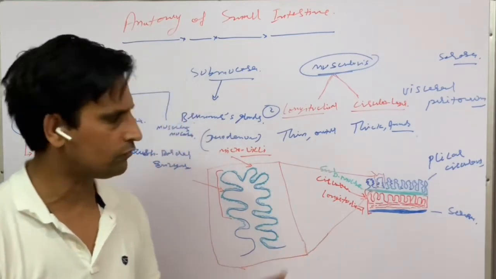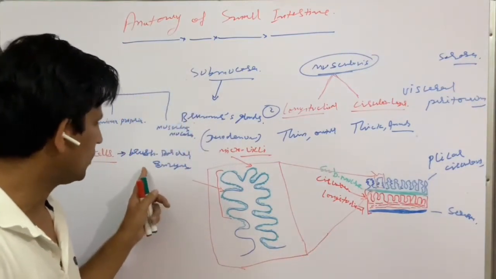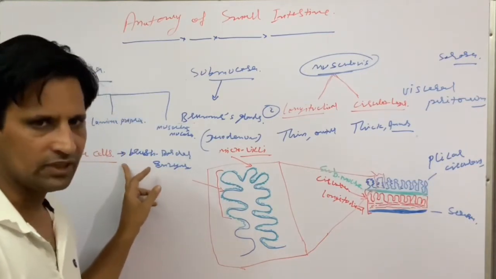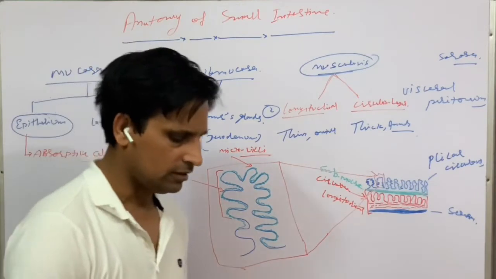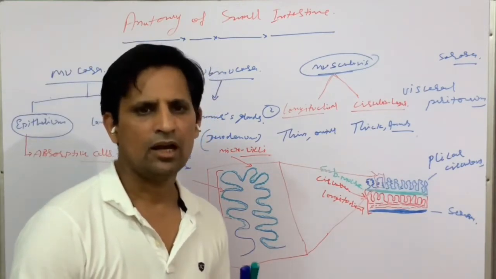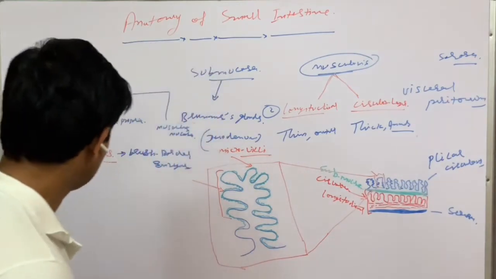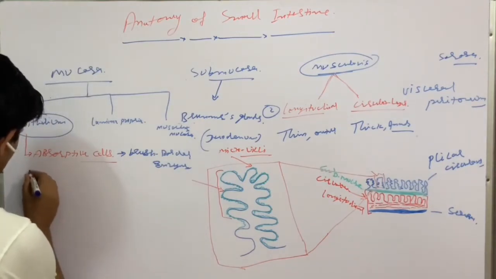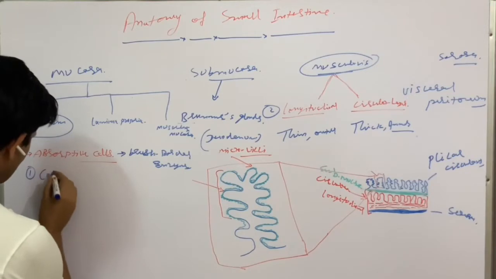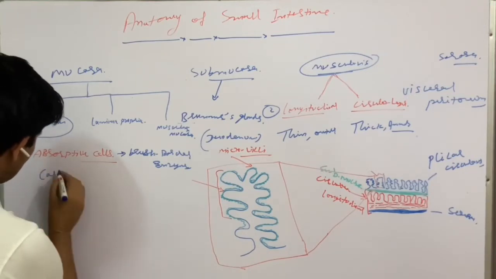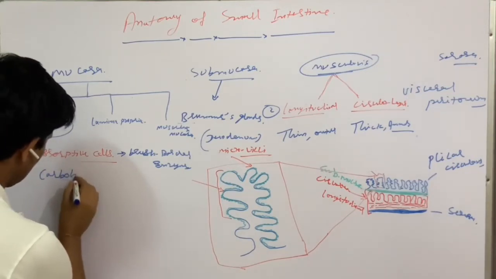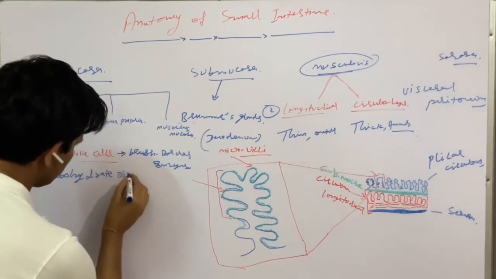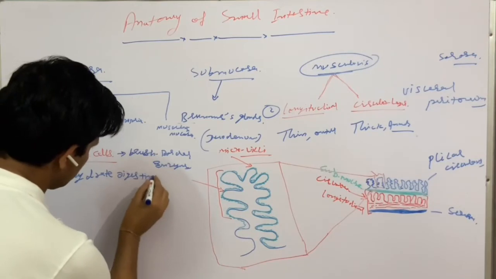There are a lot of enzymes related to the absorptive cell, but the basic main enzymes are, number one, carbohydrate digesting enzymes.